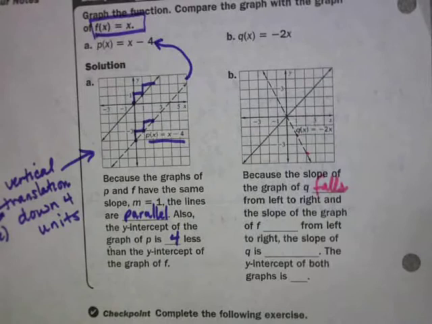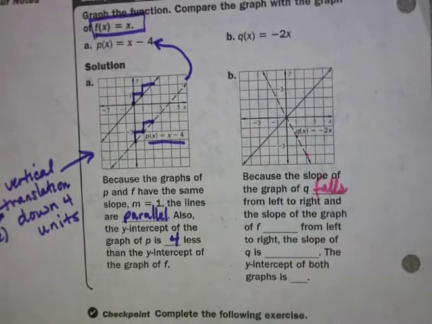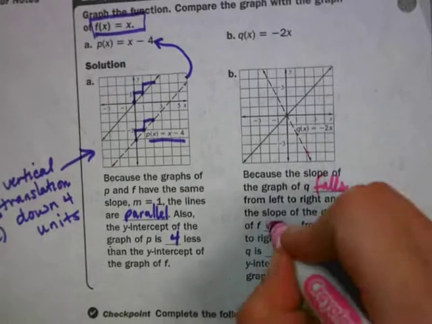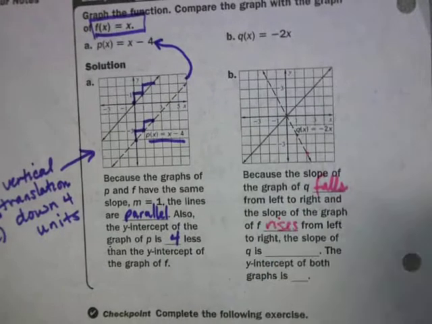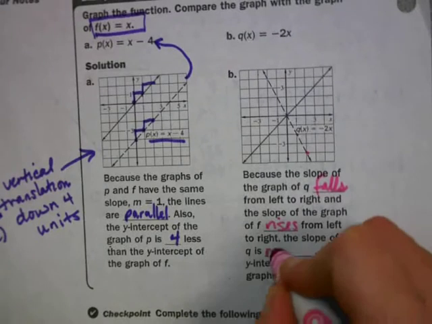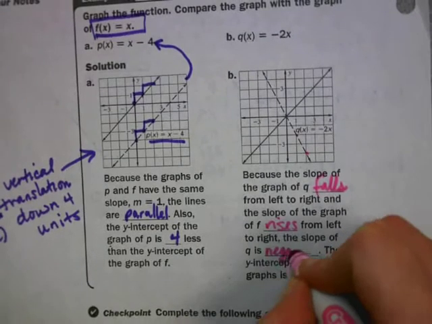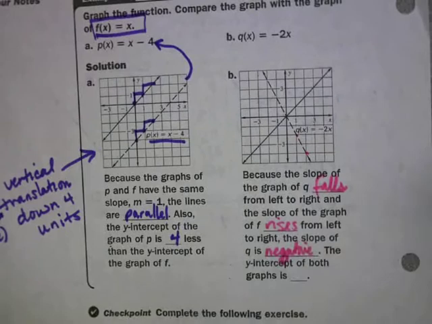We know that's true because it's a negative slope, and the graph of f rises. The parent function rises. So that is one difference of the two: q is negative. The slope of our q is negative, and the y-intercept of both graphs is the same.